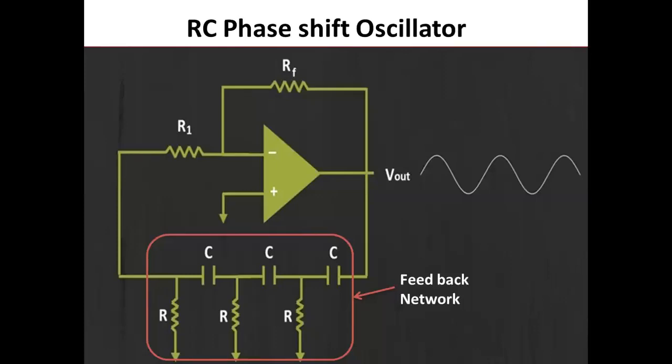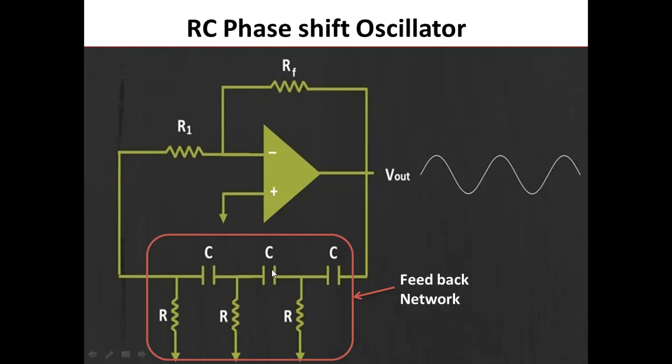Now if we look at this circuit of RC phase shift oscillator using op-amp, and compare it with the block diagram of an oscillator, we will come to know that it consists of only two basic blocks.